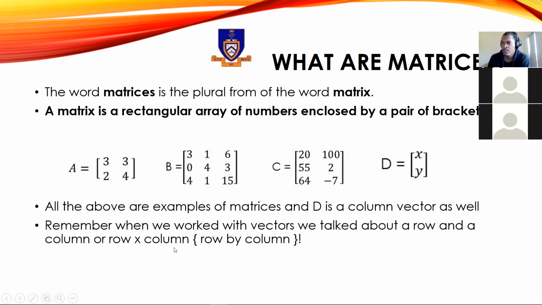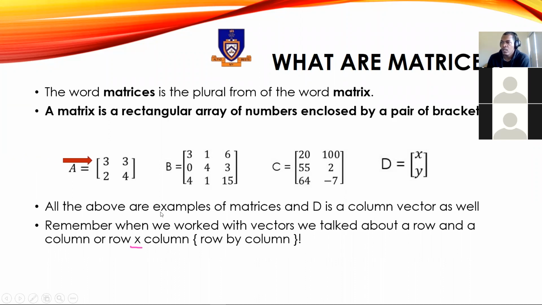If you ever hear me refer to the multiplication of a row, this X here, we call the X a by. That is basically what we are referring to when we talk about row by column and so forth.